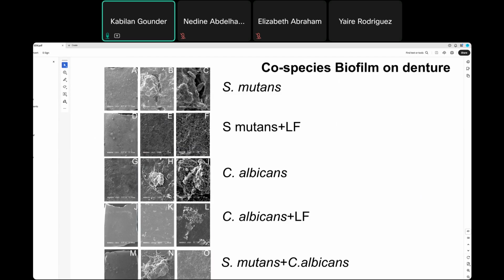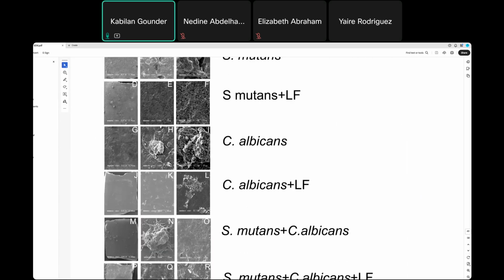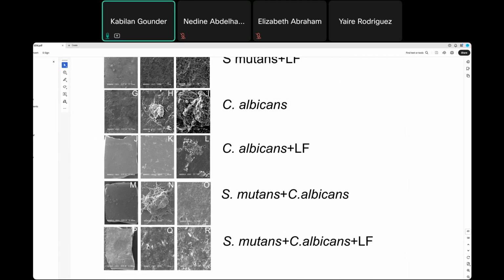This is control Candida albicans, and when treated with human lactoferrin, it completely removed the biofilm. And here the Streptococcus mutans and Candida albicans dual species, and you can see the structure and how the difference is.